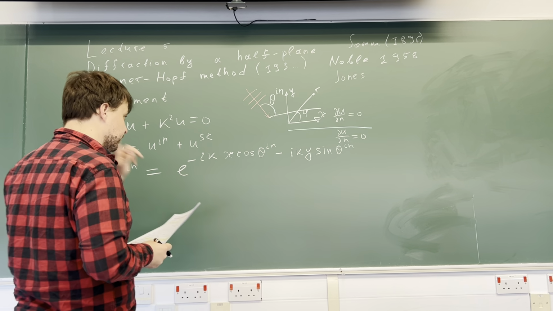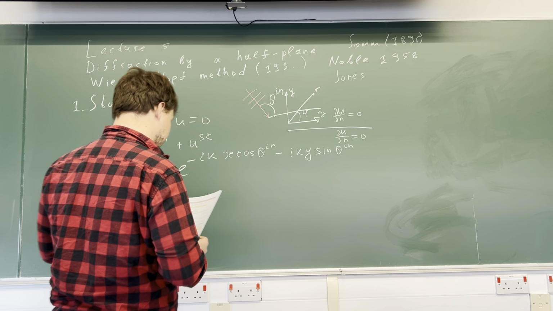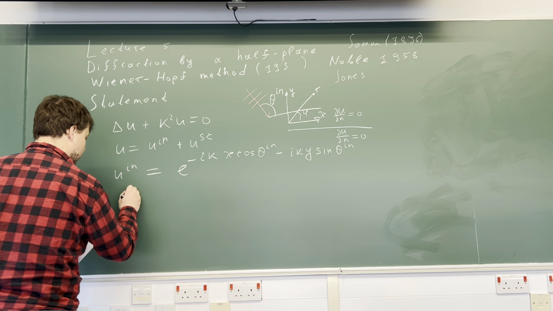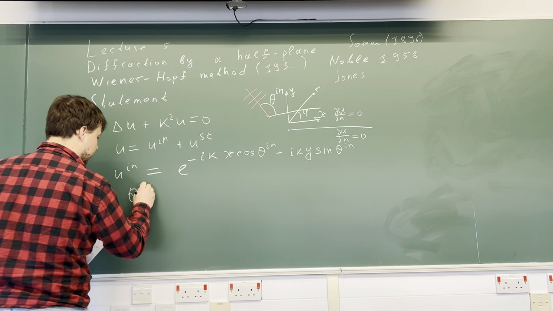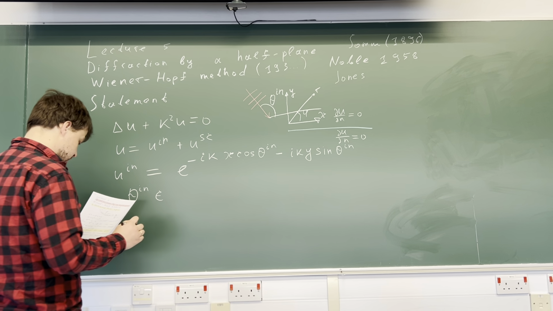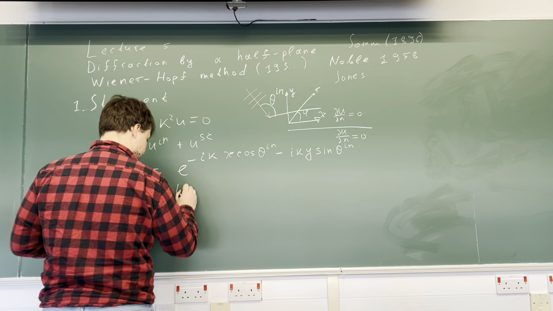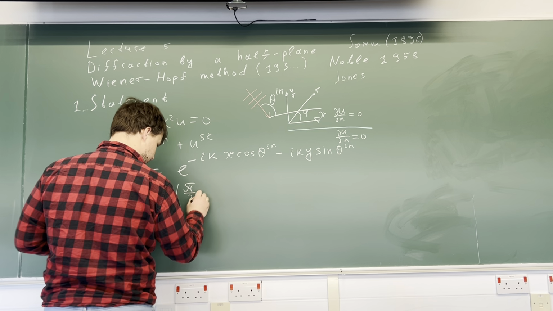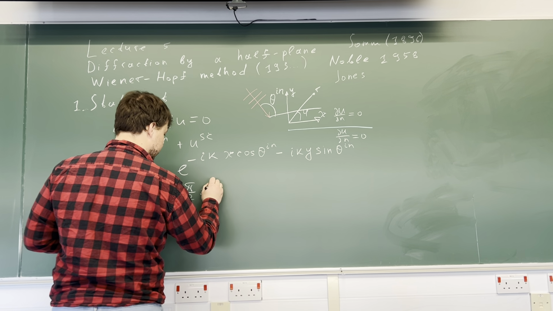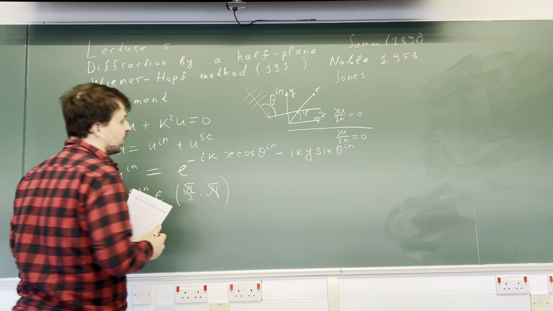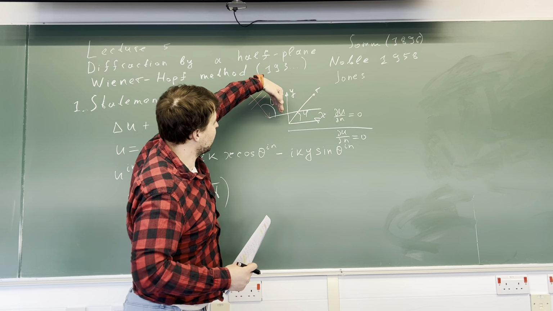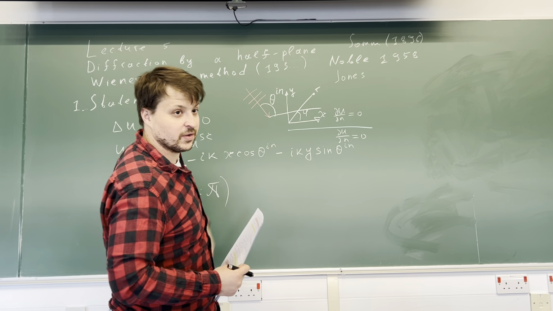So here there is a tiny detail. I will suppose today that theta in belongs to the segment from pi over 2 up to the following value. So our wave is coming from this quadrant.